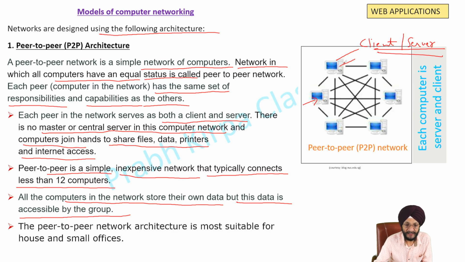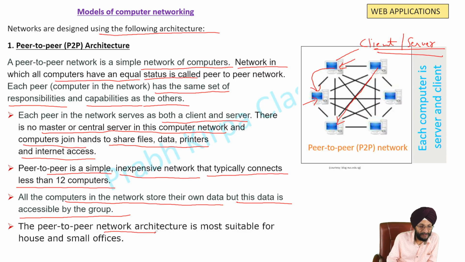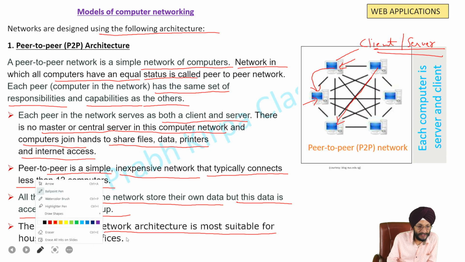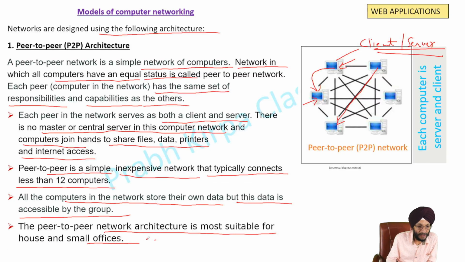While working at this computer, you can access the data which is stored in this other computer. This happens in the case of all the computers. While sitting on this computer, another person can access data from this computer or any other computer. The peer-to-peer network architecture is most suitable for houses and small offices.